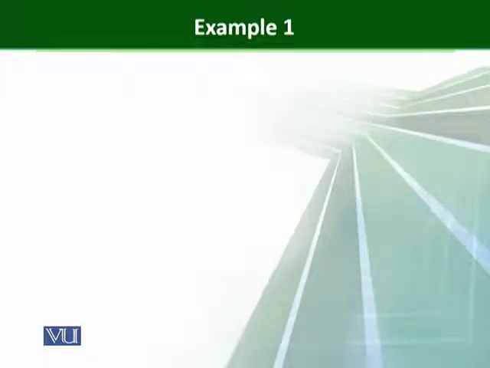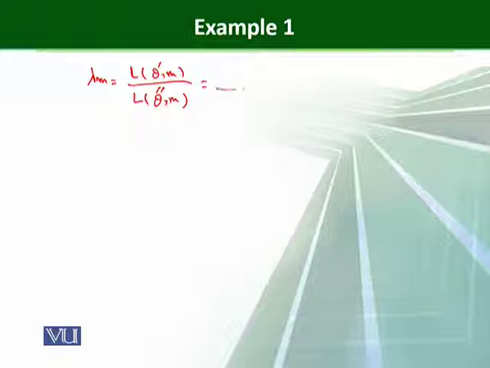First we have to define the likelihood ratio for the mth stage, that is actually lambda m, and that is, we know that L of theta dash m divided by L of theta double dash m, which is our general format. And keeping in view this example, that is actually L of 1 over 3 under the null hypothesis, and under the alternative hypothesis, that is 2 over 3, m.